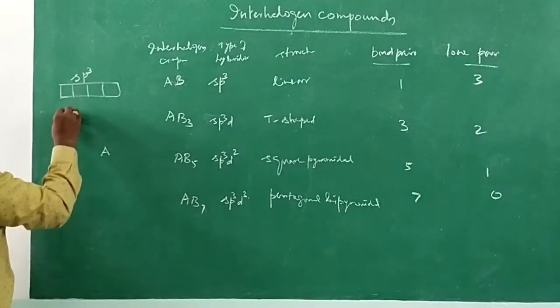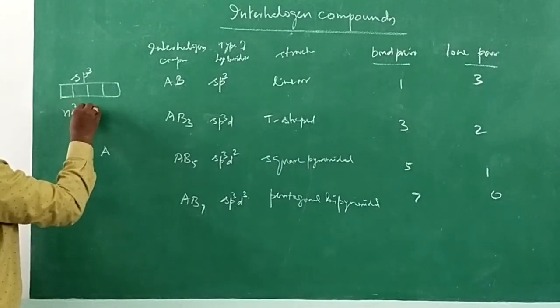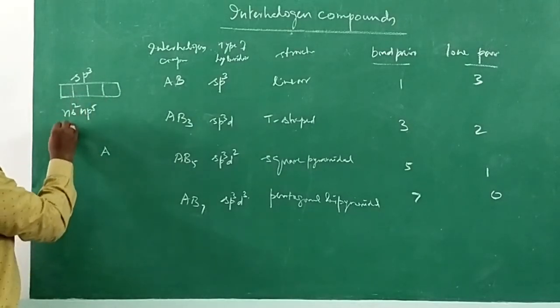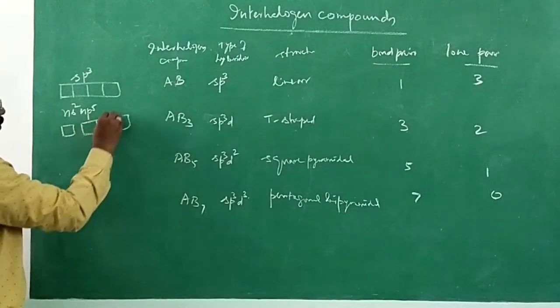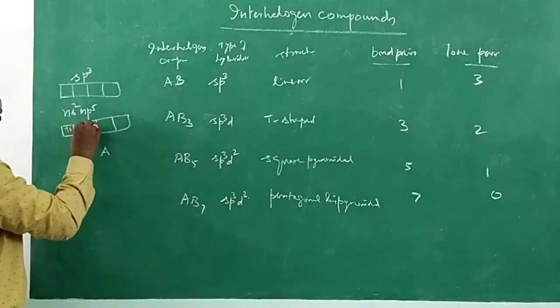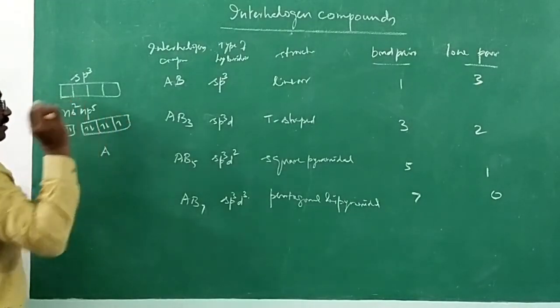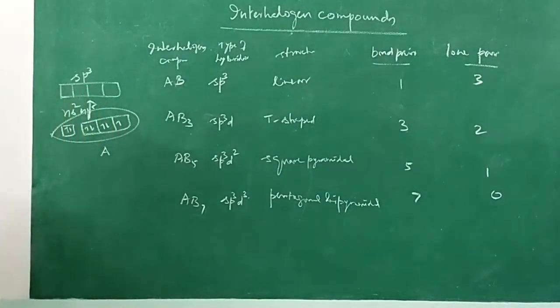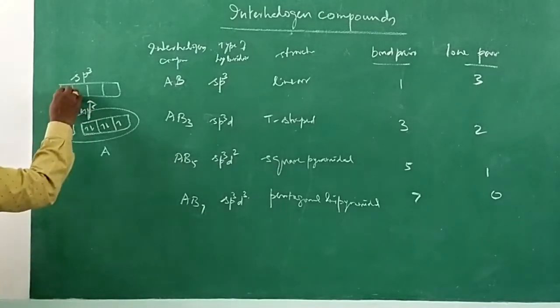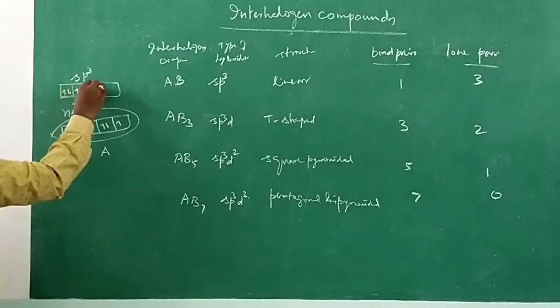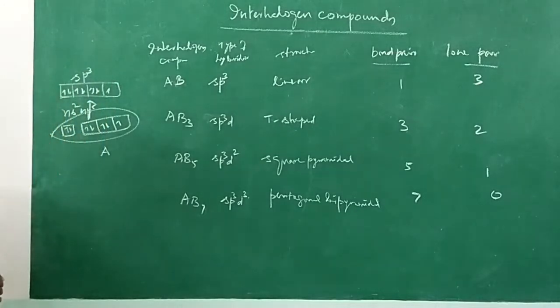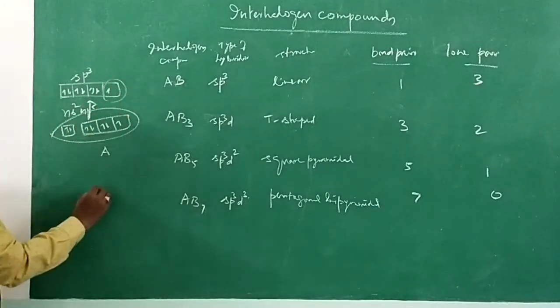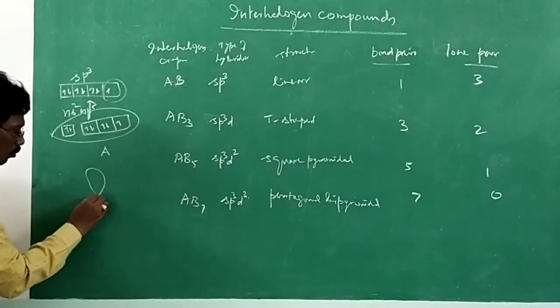The electronic configuration will be ns2 np5. 1, 2, 3, 4, 5, 6, 7. This is the electronic configuration. When these orbitals get mixed, you will get sp3 hybridization. In the sp3 hybridized orbitals, you will have 7 electrons. Alright? So, 3 lone pairs and one odd electron. The structure may be like this: 1, 2, 3, 4.